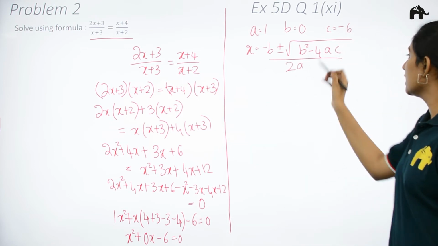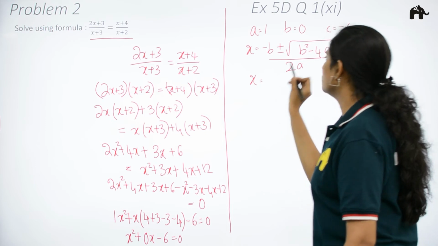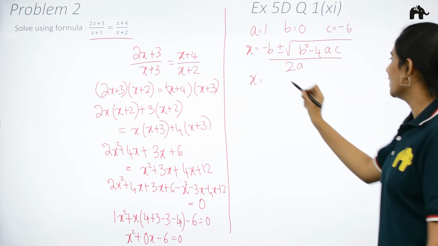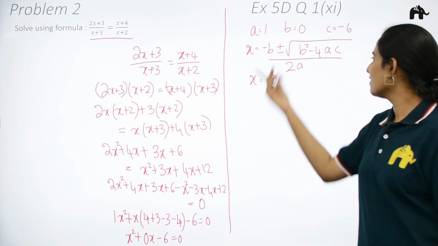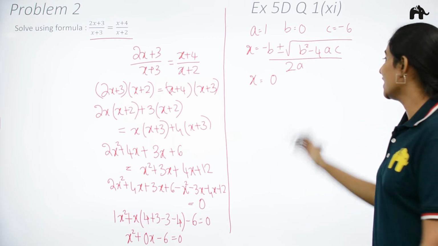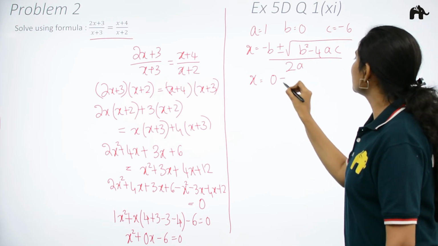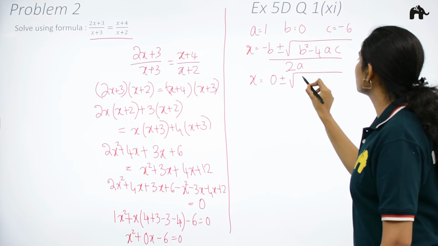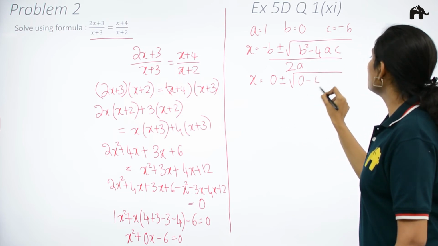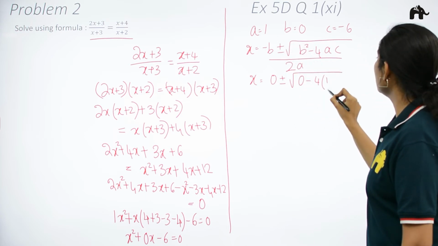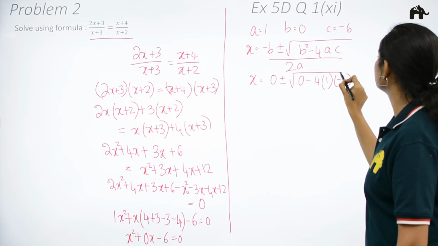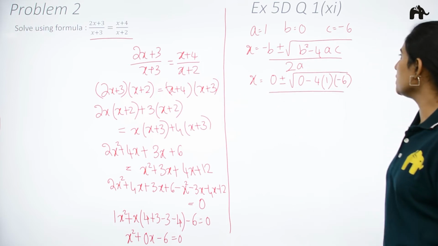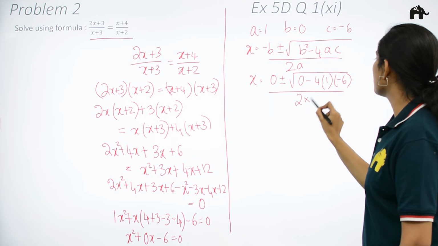Substituting the values, x is equal to minus b, b is equal to 0. The calculation is very easy because we don't have b here. b is 0, plus or minus root of b² is also 0, minus 4 into a is equal to 1 and c is equal to minus 6, divided by 2a, 2 into 1.